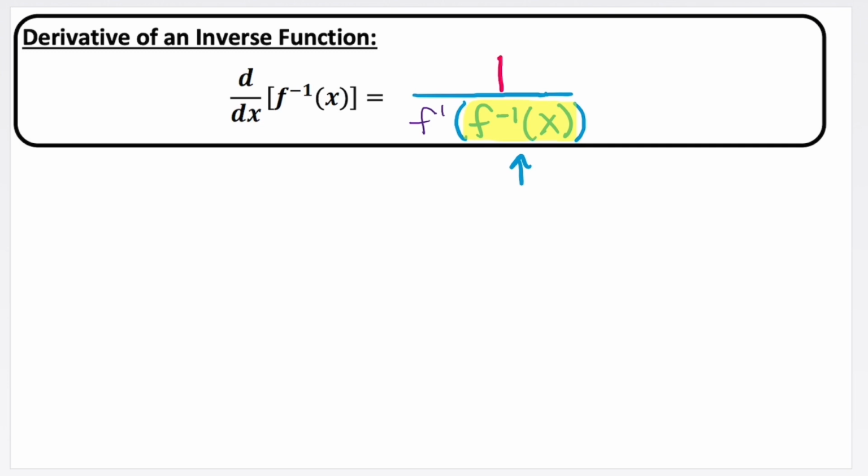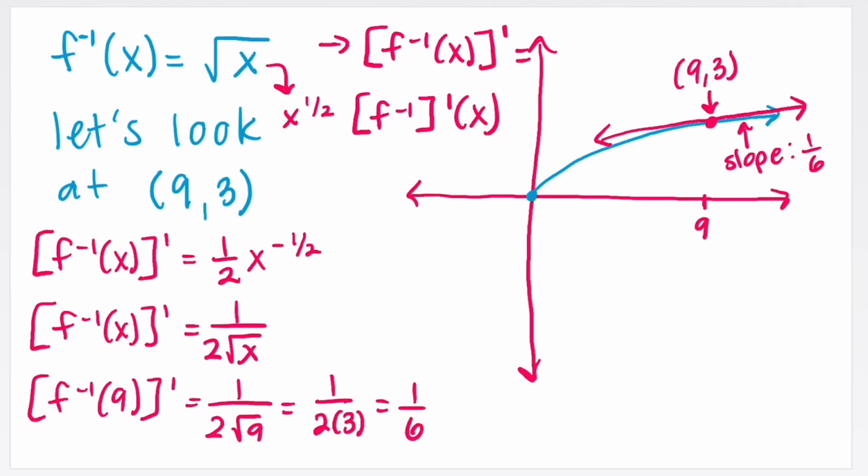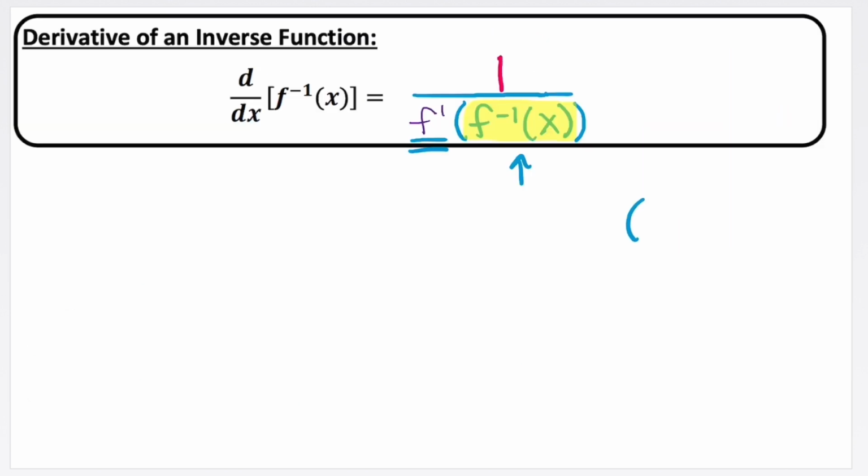But the number you're going to be plugging into the original function's derivative is actually the output from the inverse function. Let's go back to that example that we had. If I'm trying to find the derivative at 9, that point on the inverse function is (9, 3).